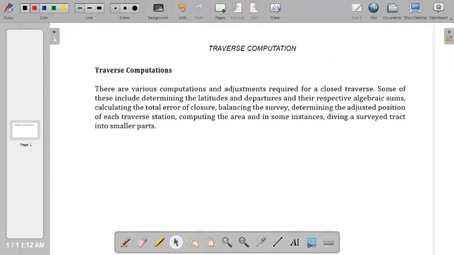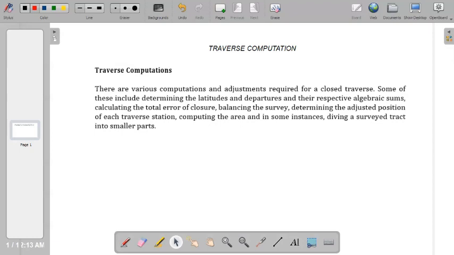There are so many different procedures that you can use to compute and adjust traverses, and they vary from very simple or elementary methods to more advanced techniques based on the method of least squares.